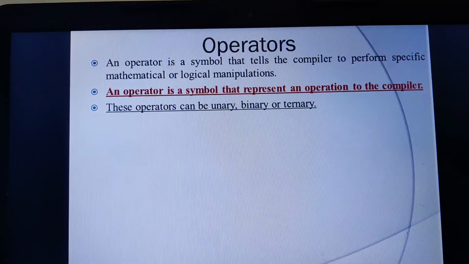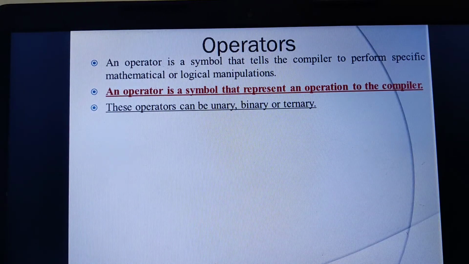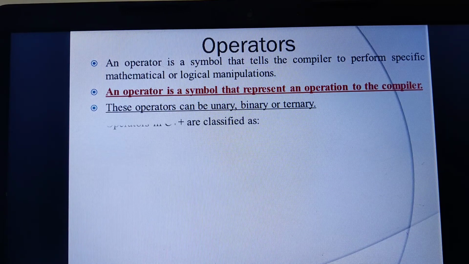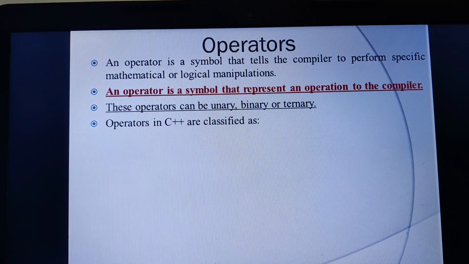So what is this unary operator? The term unary says that it is single. Unary operators will usually operate on a single operand. Then what is binary operator? Binary operators are the ones that usually operate on two operands.